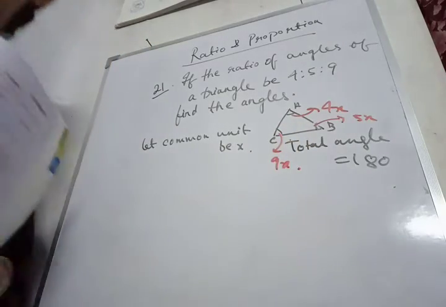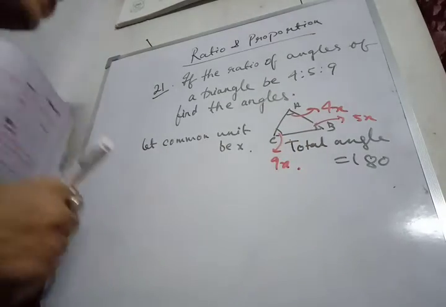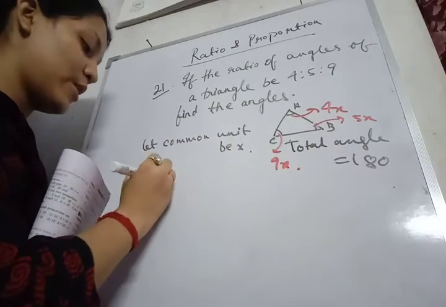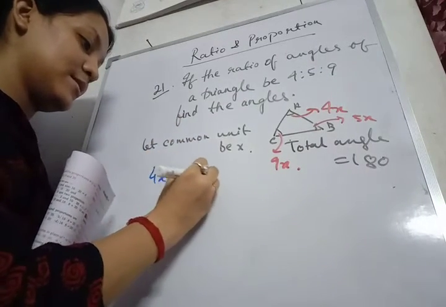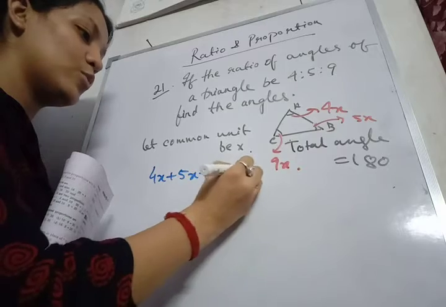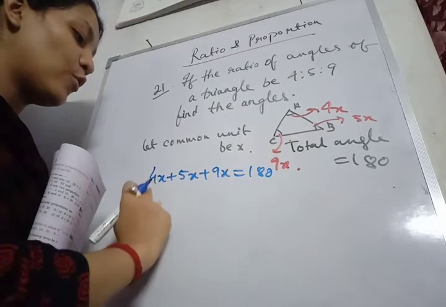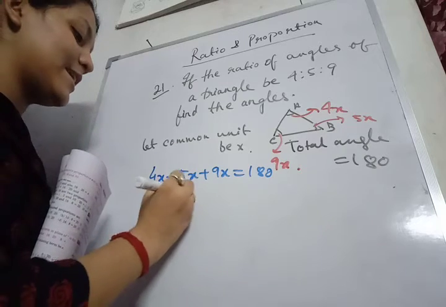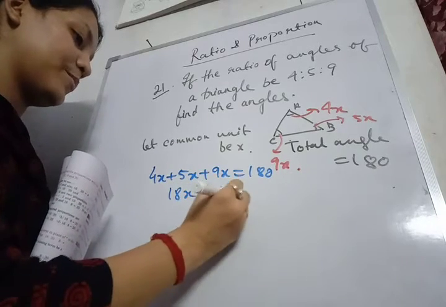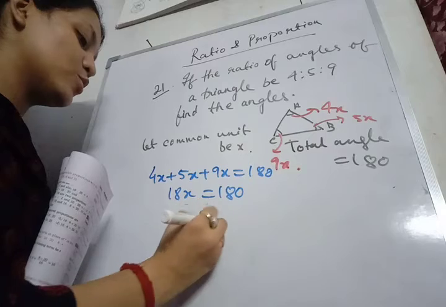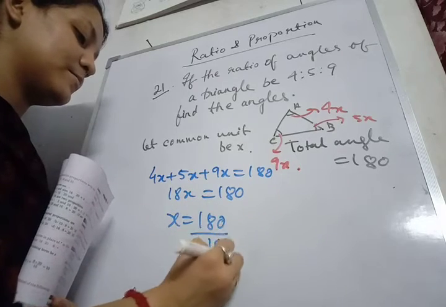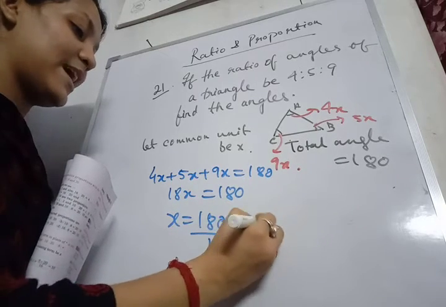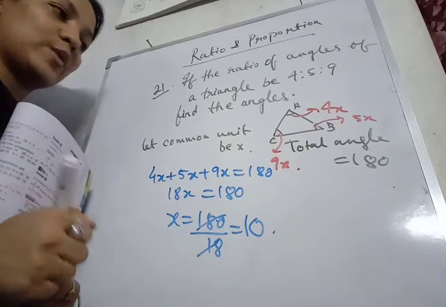So we'll sum them up and that will be equal to 180. That is 4x plus 5x plus 9x equals 180. 4 plus 5 plus 9 will be your 18x equals 180. x will be equal to 180 by 18, that is 10. So x equals 10.